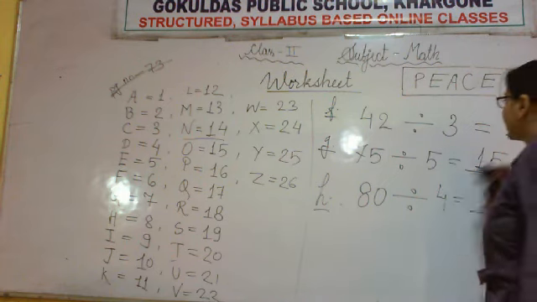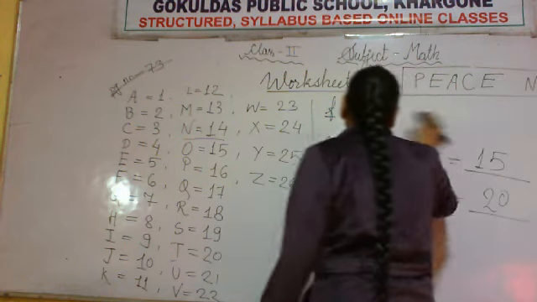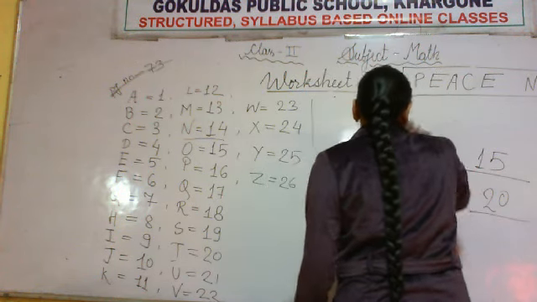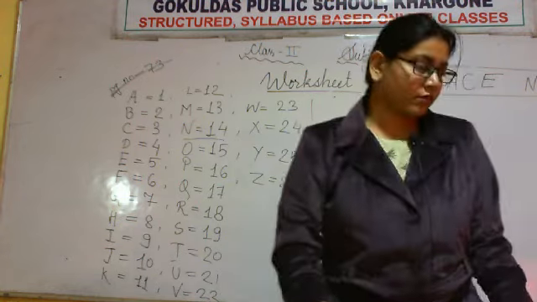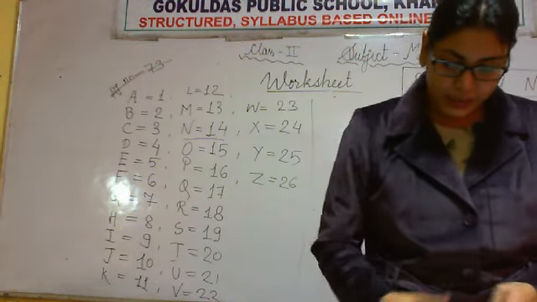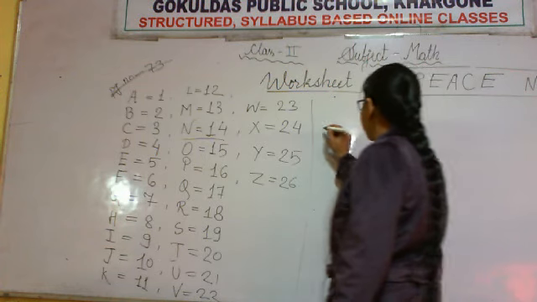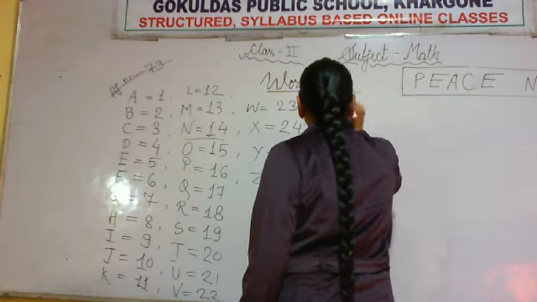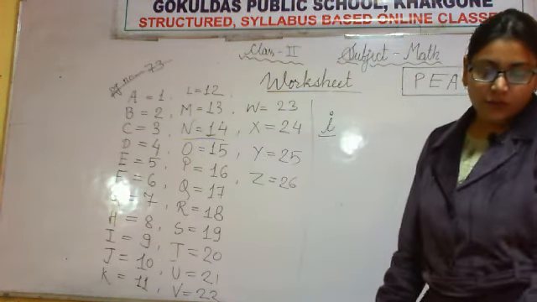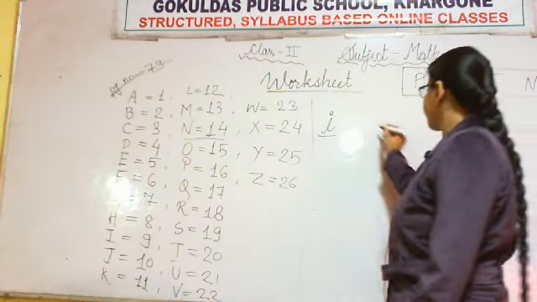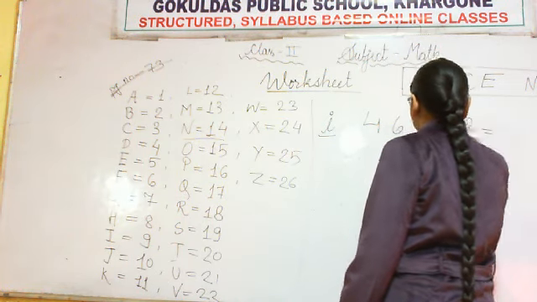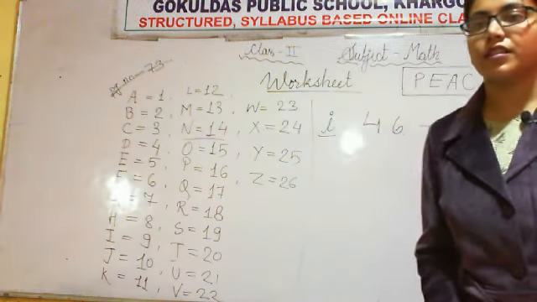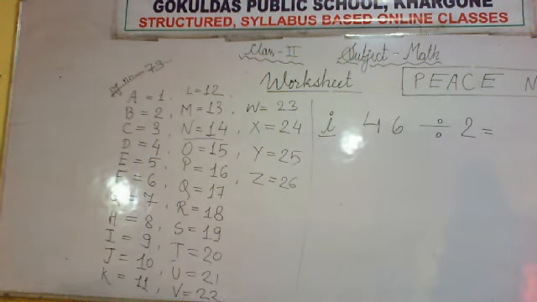Okay students, I hope you are done. Let's decode the message further. So now the next cloud is I. 46 divided by 2. Let me check if it is visible or not. Yes, it is visible.